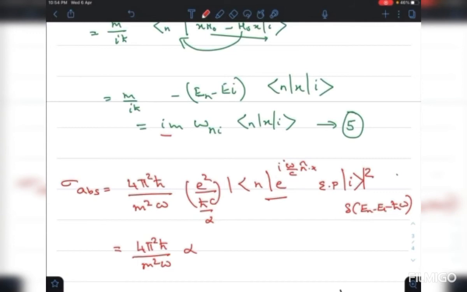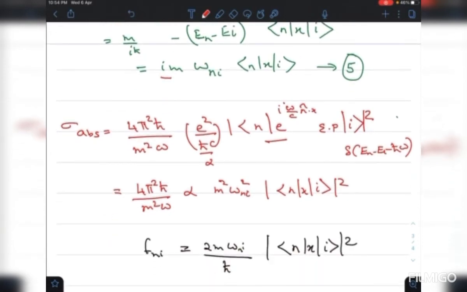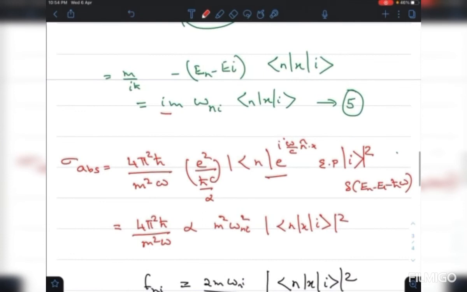So I have to write all those things, m square omega ni square. Then you have that modulus n xi the whole square. So if you write delta En minus Ei minus h cross omega in terms of omega, you have delta omega ni minus omega, by h cross.